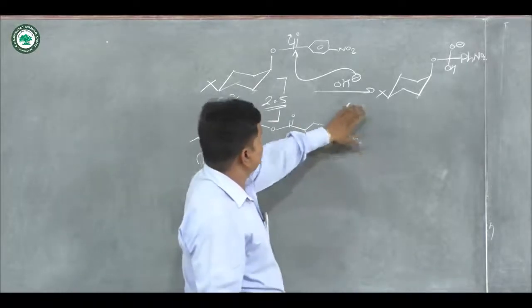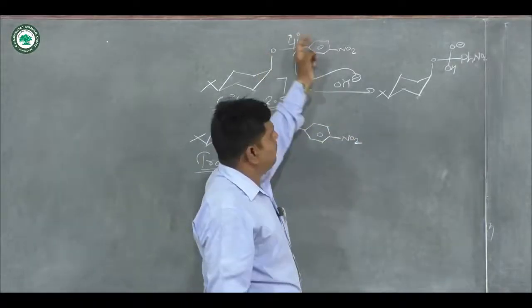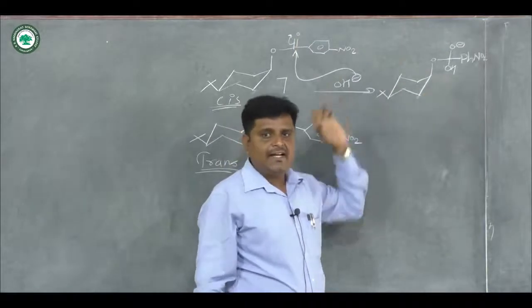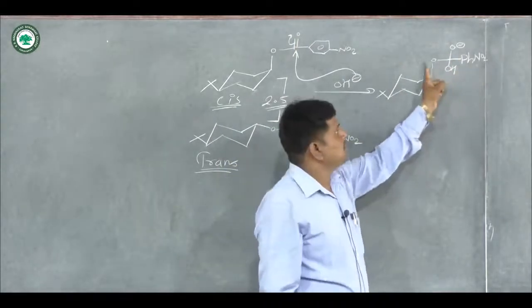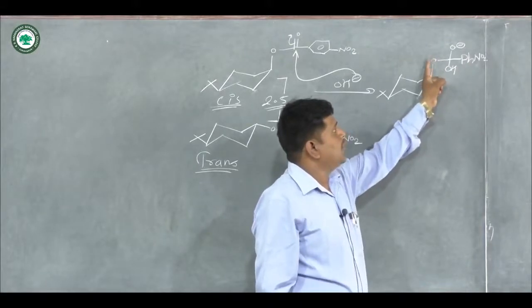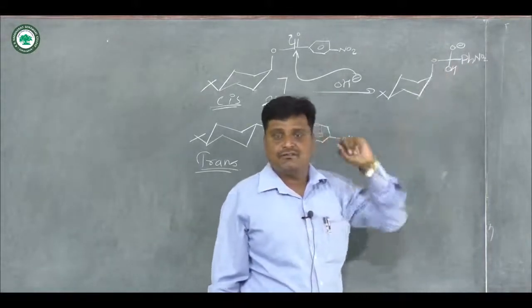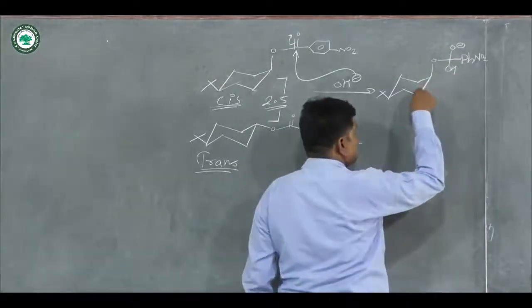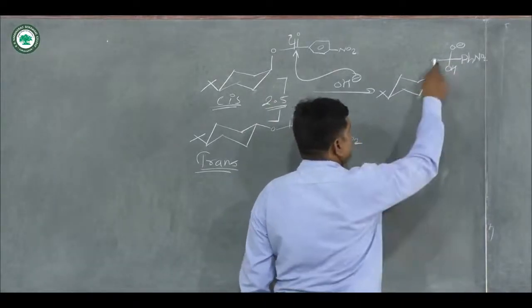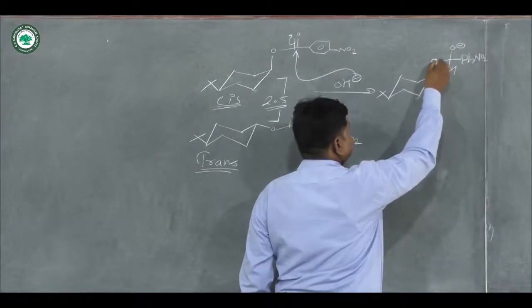Now you see the bulk accommodated at the axial position is not exactly axial. Why? Because the bulk and the cyclohexyl ring are joined by the oxygen atom.